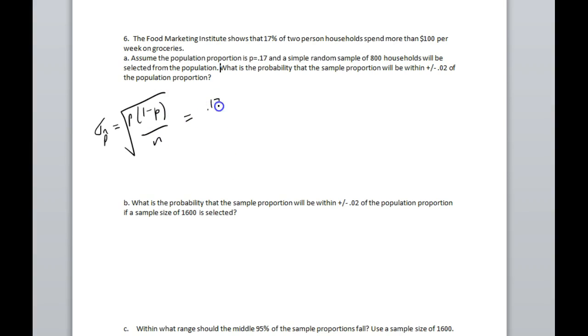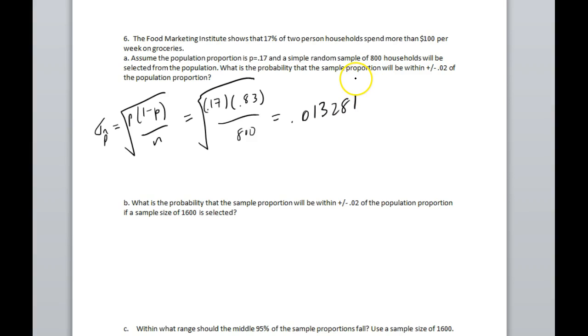So 0.17, 0.83, 800, square root, and that is going to be 0.013281.